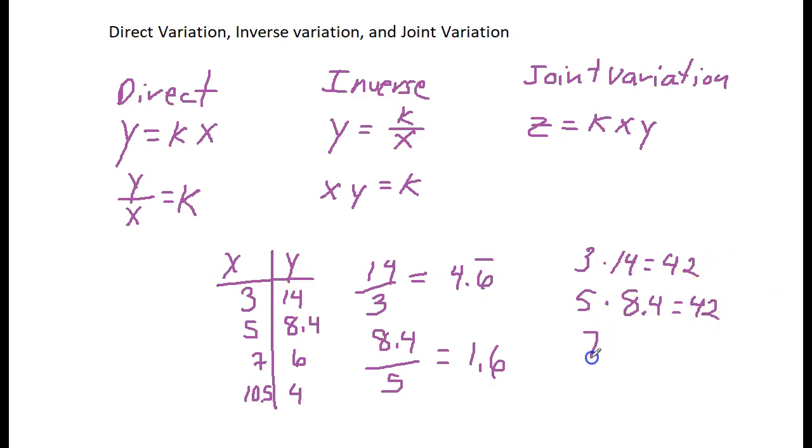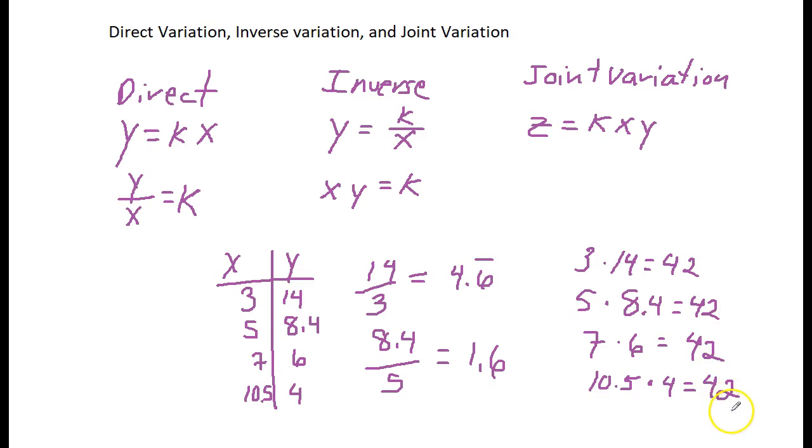If I take 7 times 6, that gives me 42. And if I take 10.5 times 4, I put that in my calculator and I got 42.